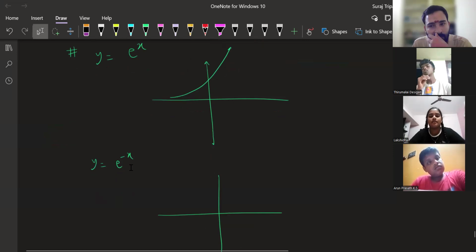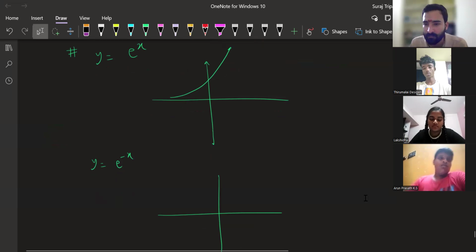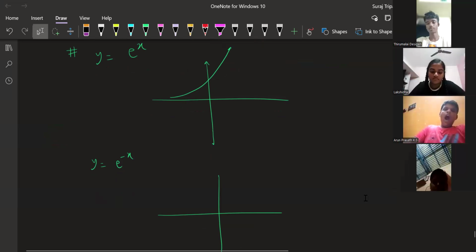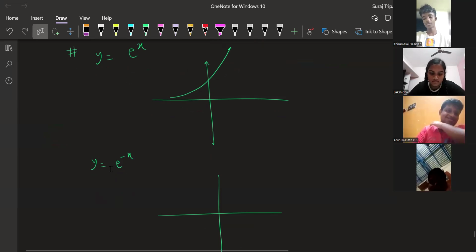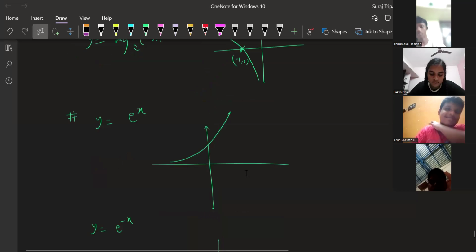Send this answer, the graph of e raised to minus x.